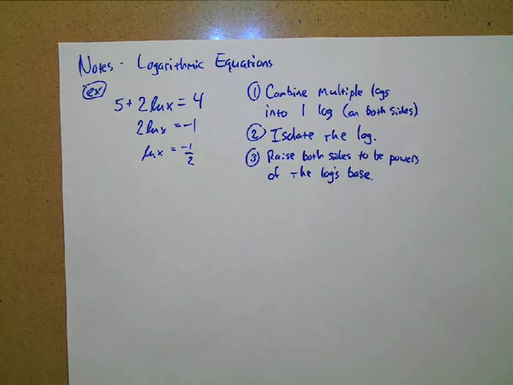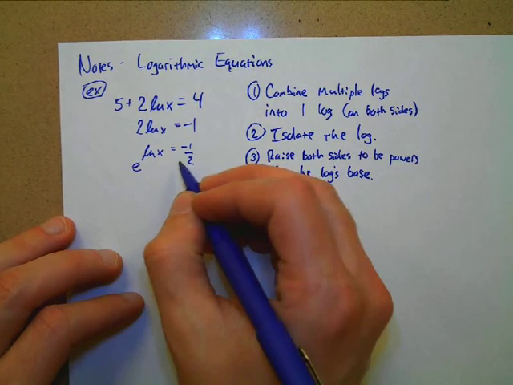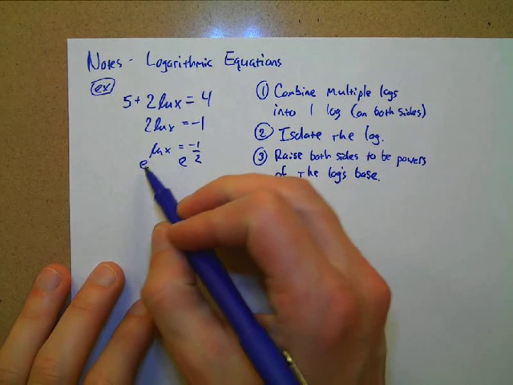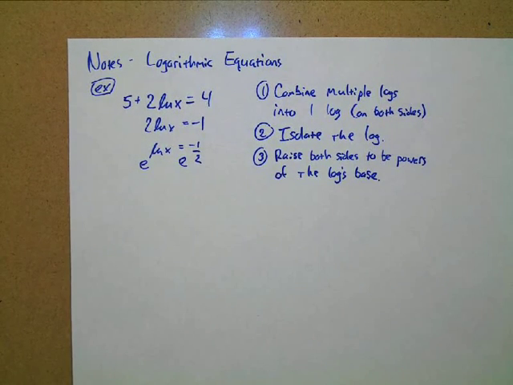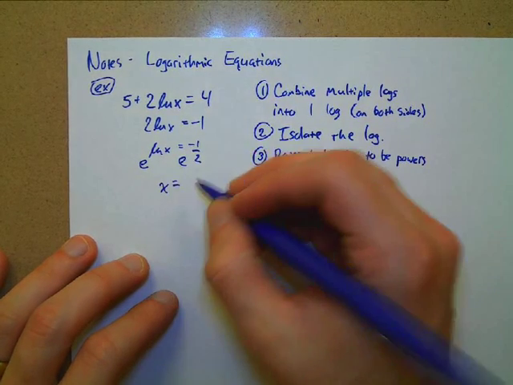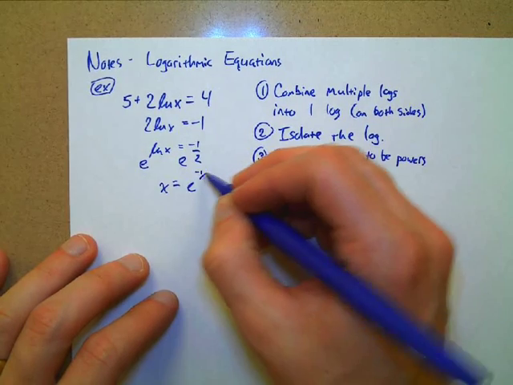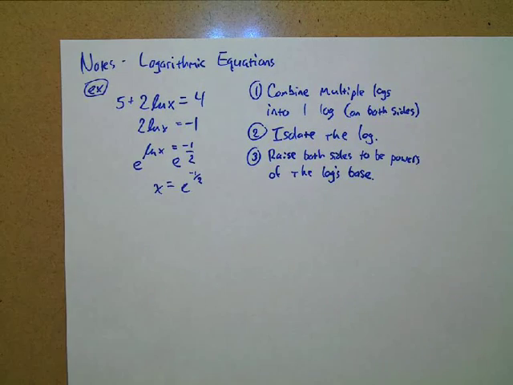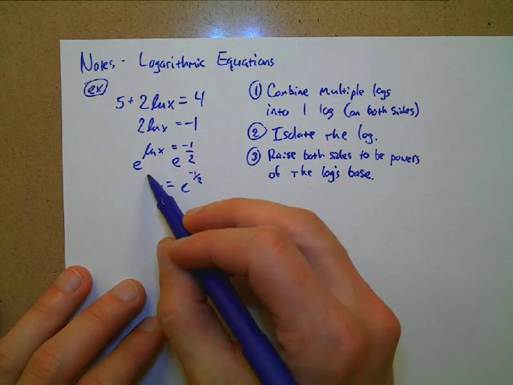Essentially we're just going to do e to the left-hand side and e to the right-hand side, because natural log is a log base e. So we have e to the natural log of x equals e to the -1/2. The beauty of that is e to the natural log of x is what? x. It cancels out and leaves just x. And then e to the -1/2, well, that's our solution. Or if you wanted to, you could say 1 over e to the 1/2. But that is our answer.